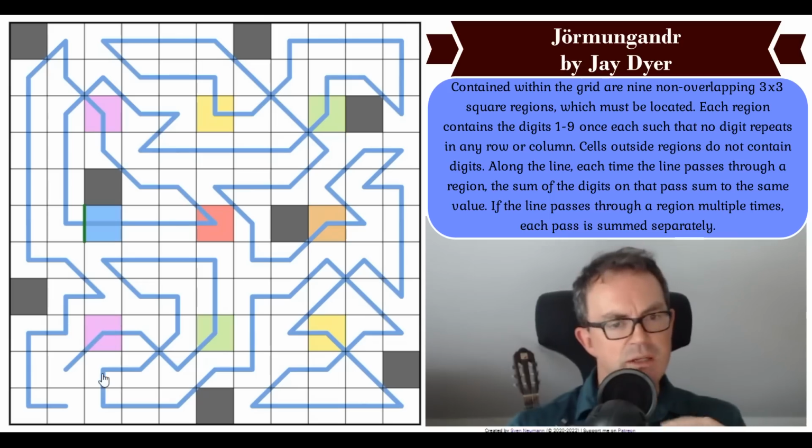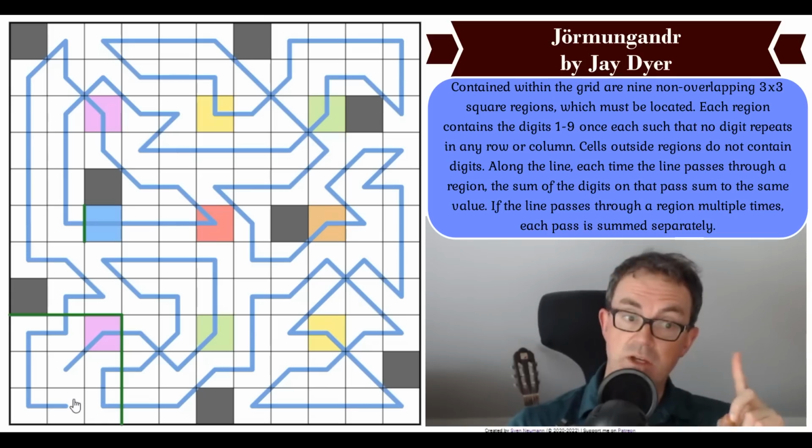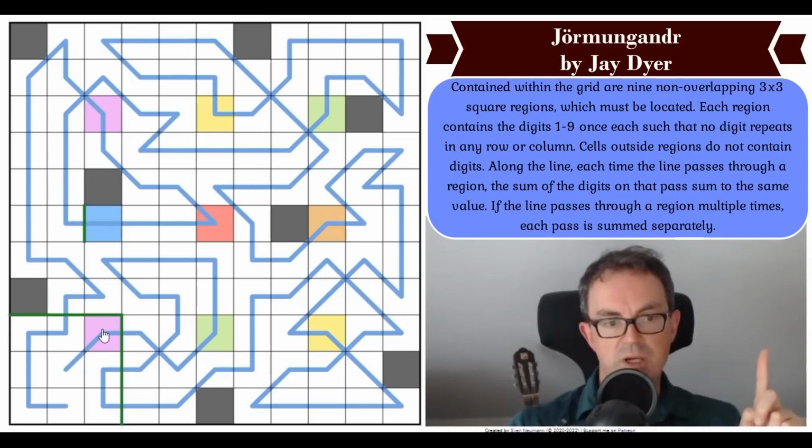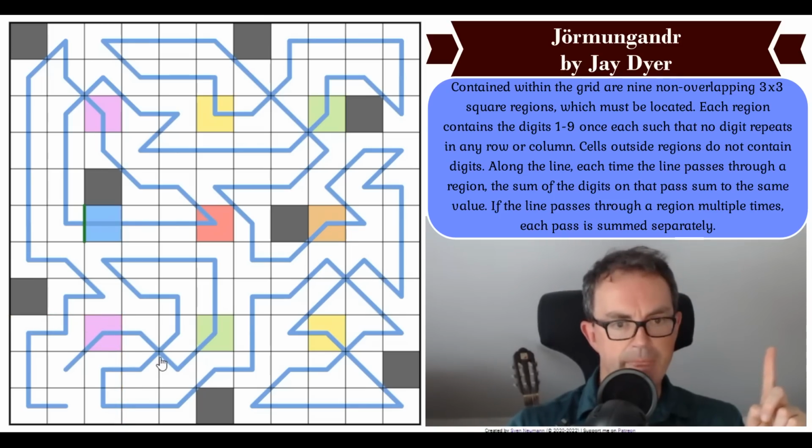If it was 9, it would be very constraining, for example, because you could immediately rule out things like that as a potential box, because this line would have to pick up 5 cells before it exited, and the minimum those 5 cells would add up to is 15, which is quite suspicious. And you can make 15 in a domino. So I reckon it's going to be 15, actually. That feels more likely. How do we prove that?